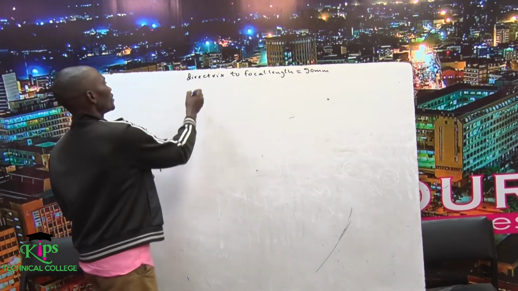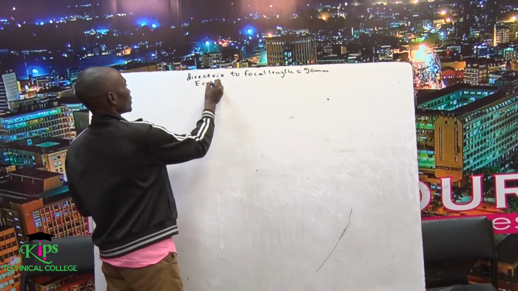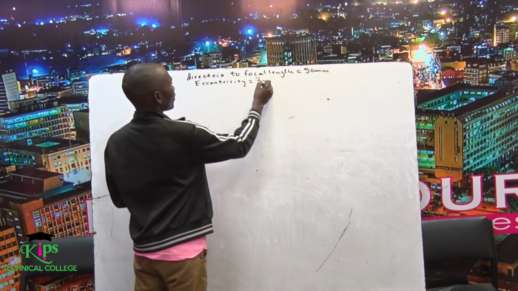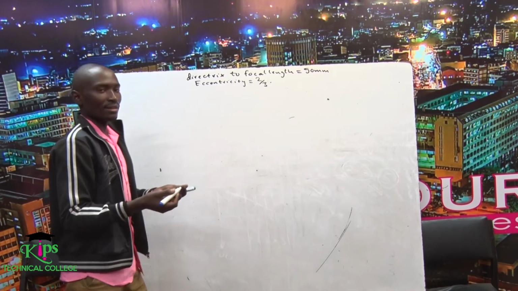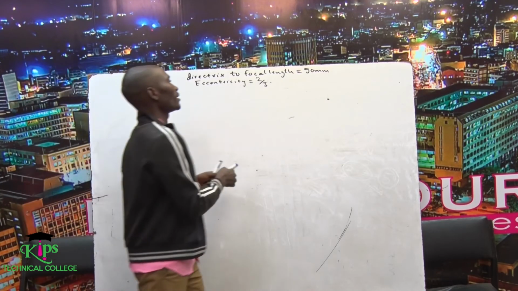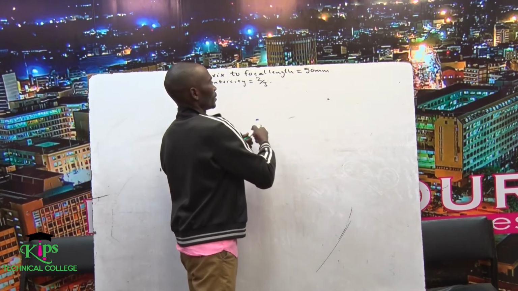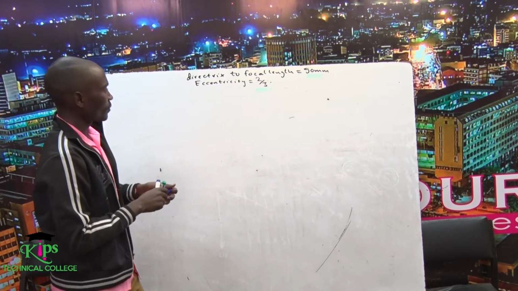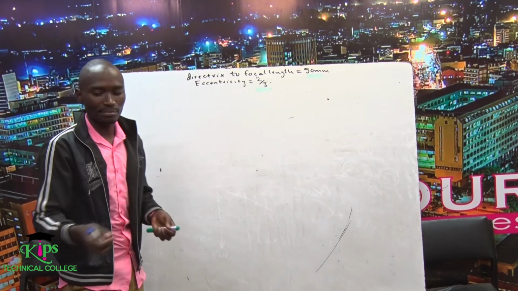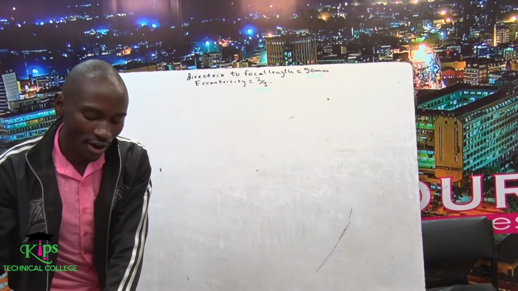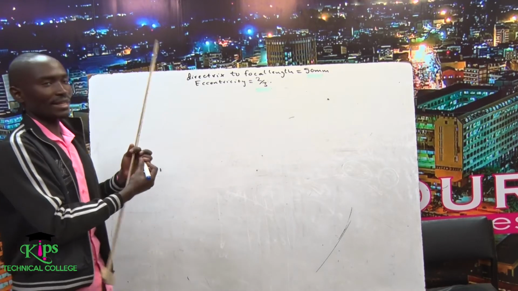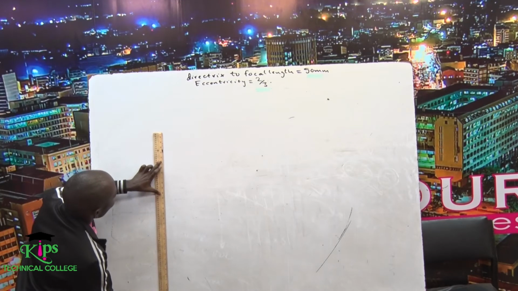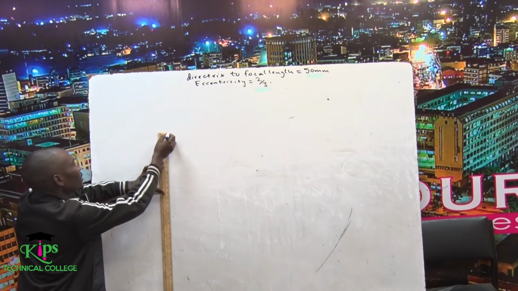Then we had been given the eccentricity as 2/3. Those are the key things that you need in that particular question. So now, let's begin. First of all, we have to start with the directrix.